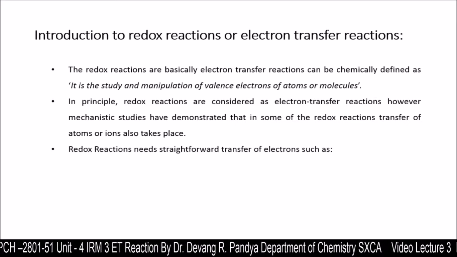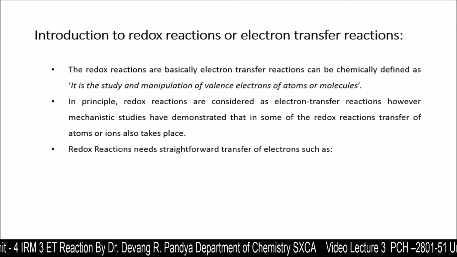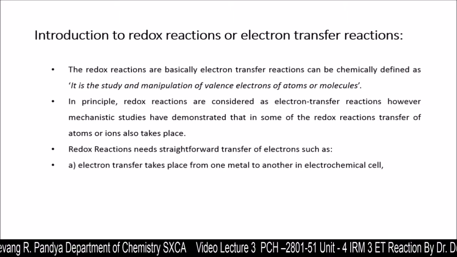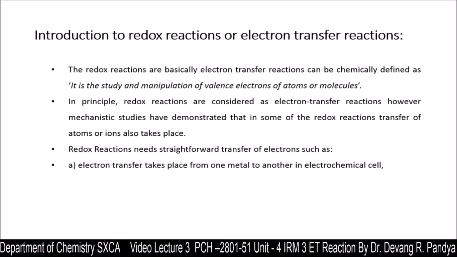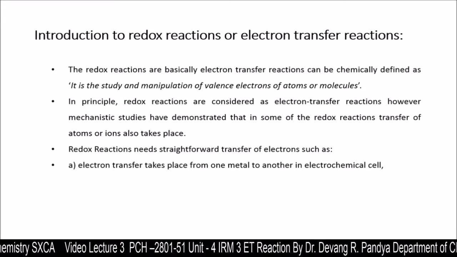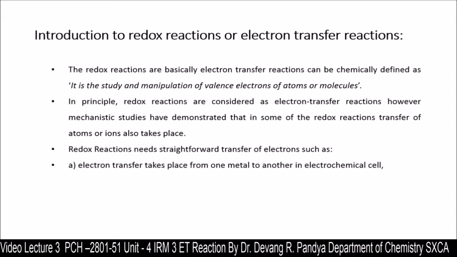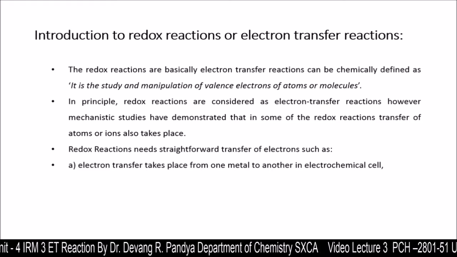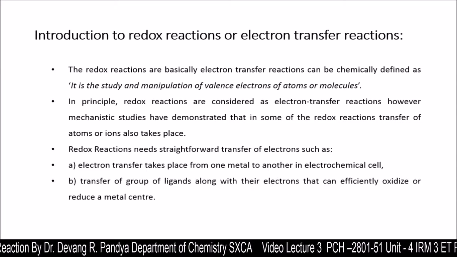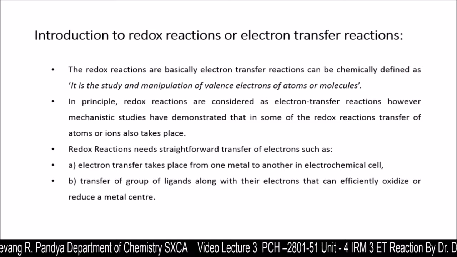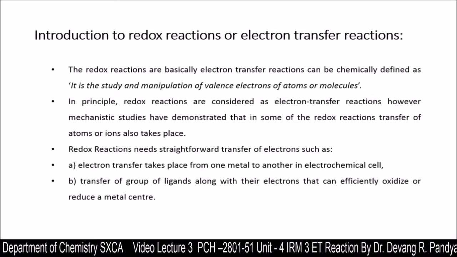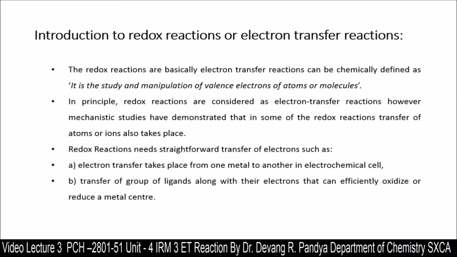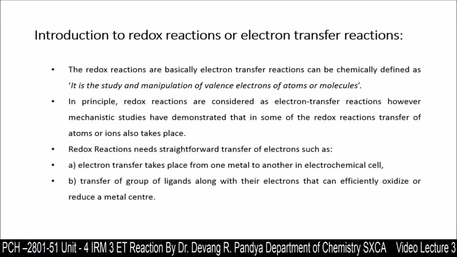Redox reactions need straightforward transfer of electrons, and when straightforward transfer of electrons is concerned, we have certain points. Electron transfer takes place from one metal to another metal in an electrochemical cell. That is the first you can see in the redox reaction. And second, transfer of a group of ligands along with their electrons can efficiently oxidize or reduce a metal center.